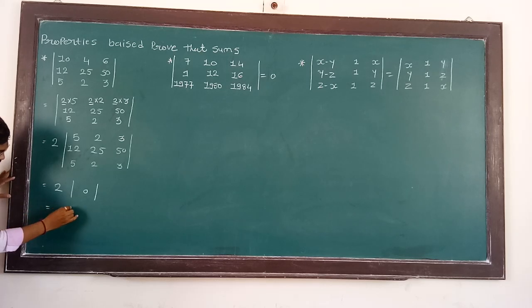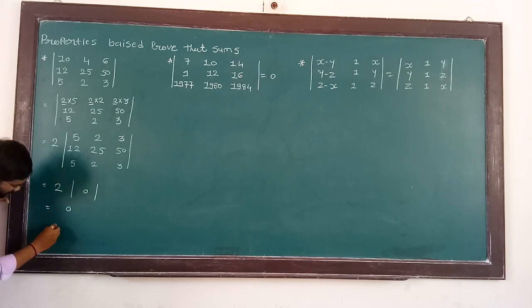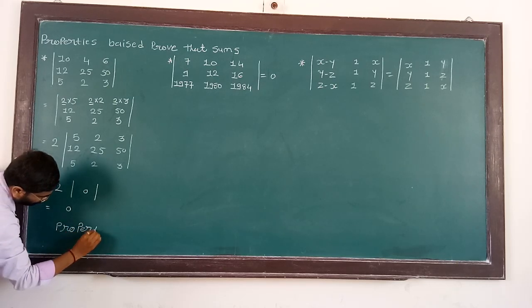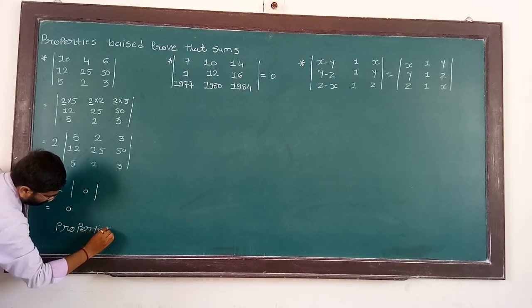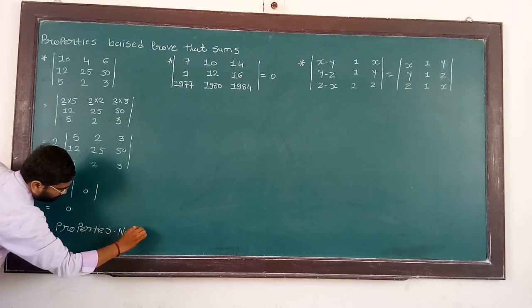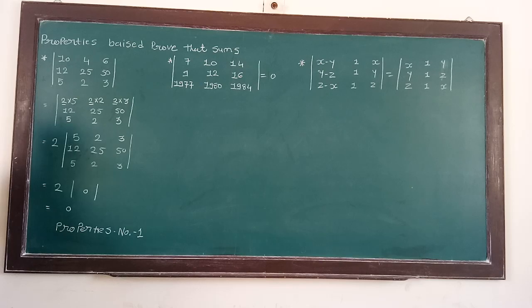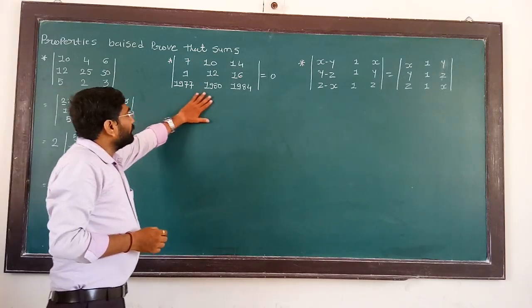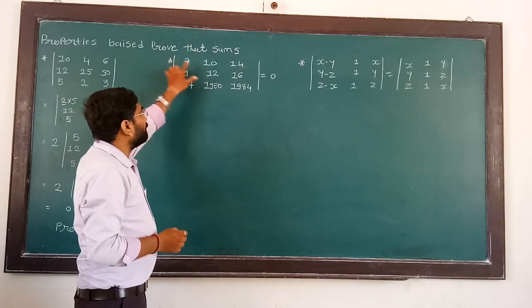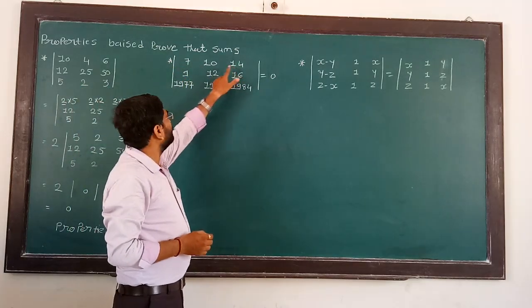So here the answer is 0 and here we write property number 1.